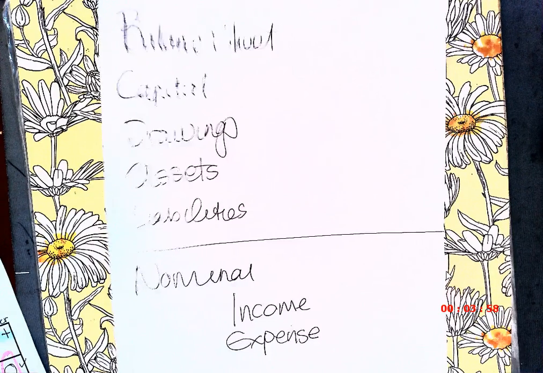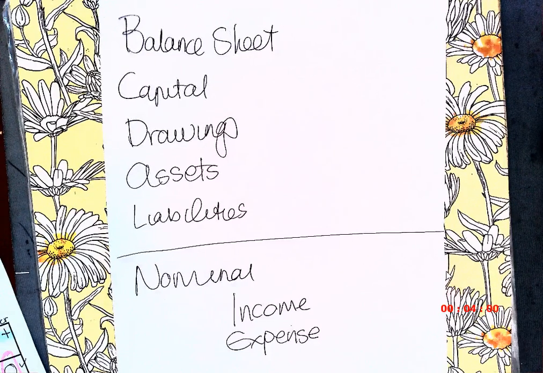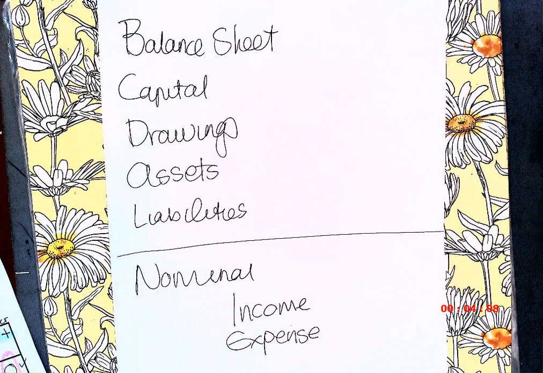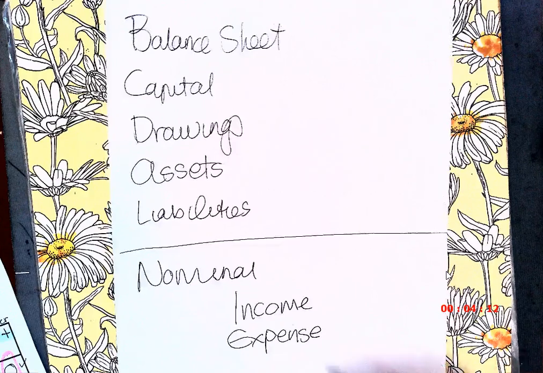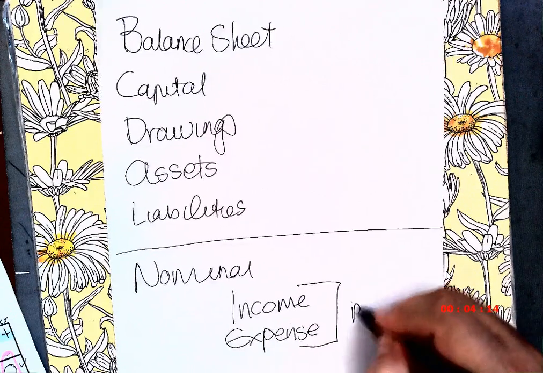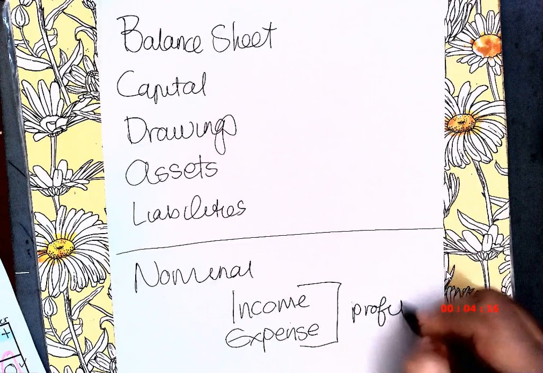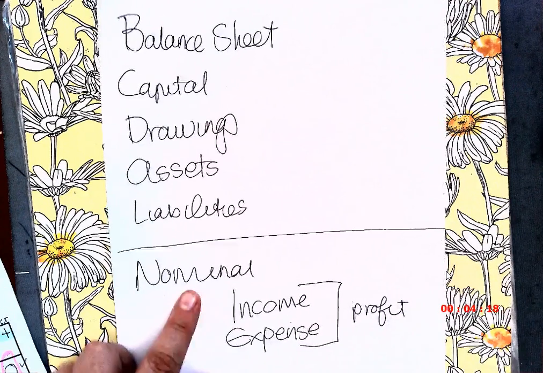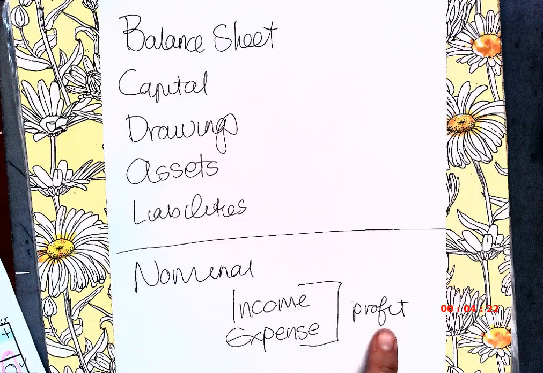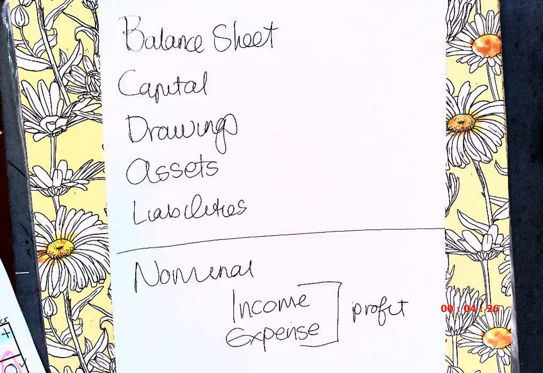My income is 30, my expenses is 10. What can I calculate? My profit. The difference between these two is my profit. So can you see, your nominal section is everything that has an influence on my profit. Okay. So now let's go back here.